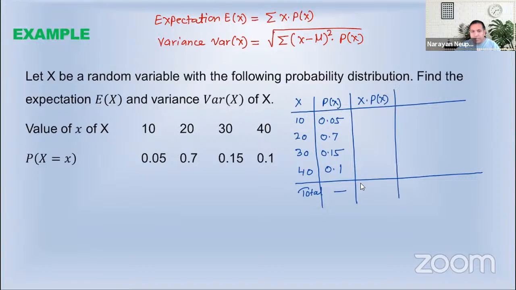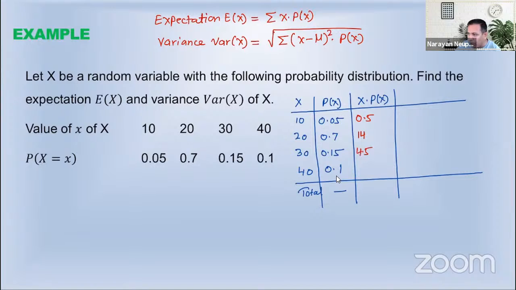You can also multiply along with me in your calculator if you want. 10 times 0.05 is 0.5. 20 times 0.7 is 14. 30 times 0.15 is 4.5.